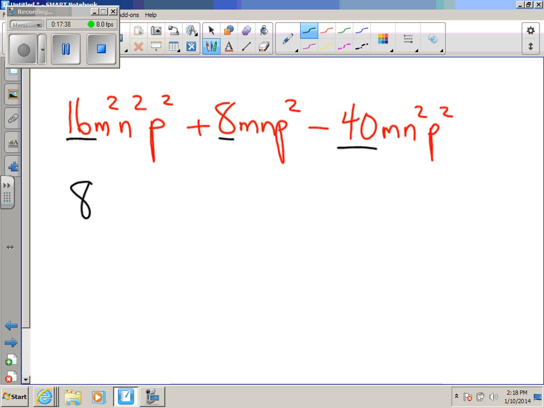Now, m squared, m, and m, just an m. N squared, n, and n squared, again another n. P squared, p squared, p squared.